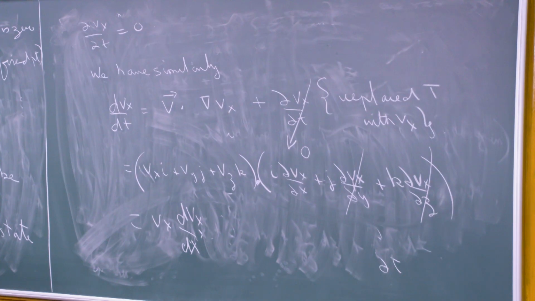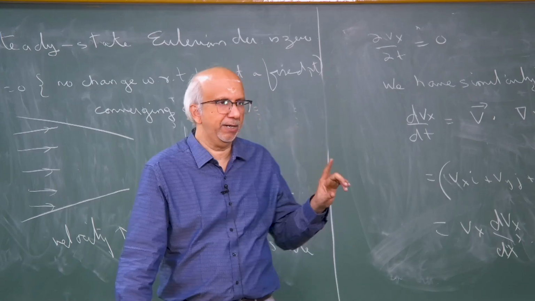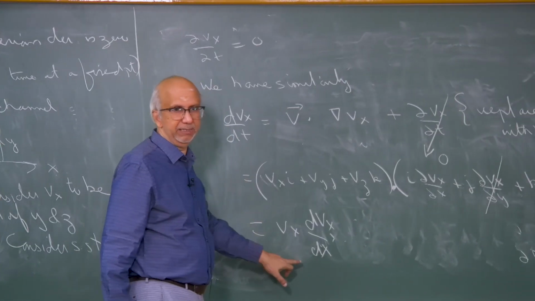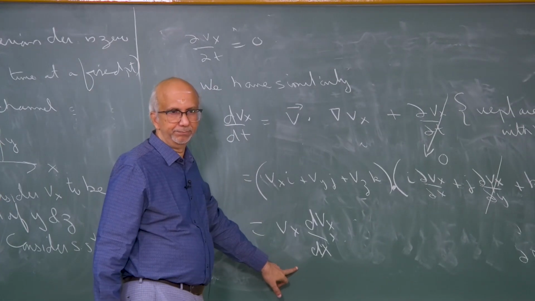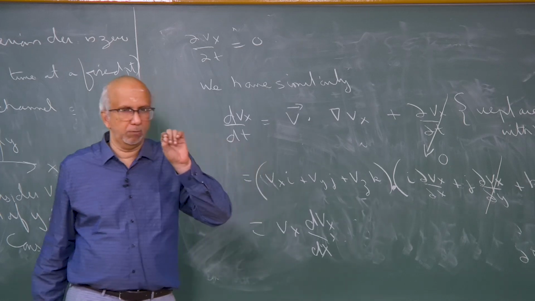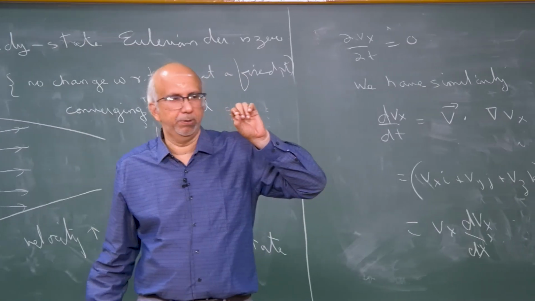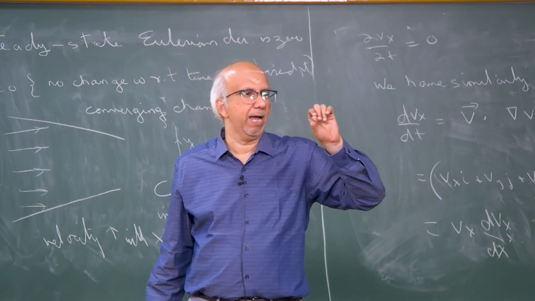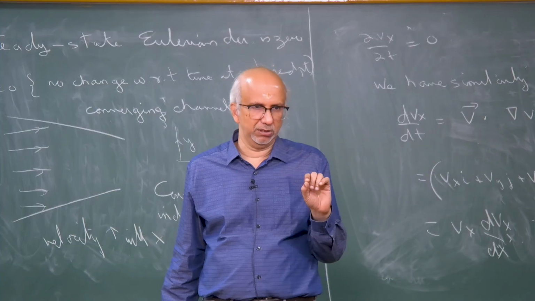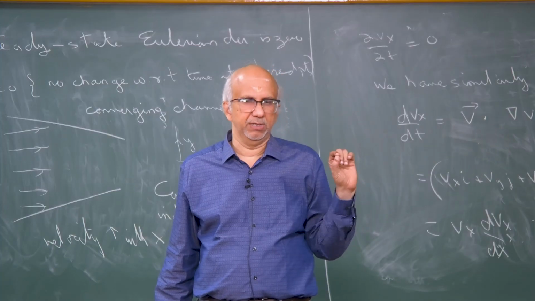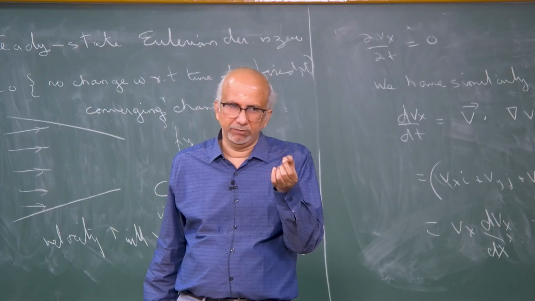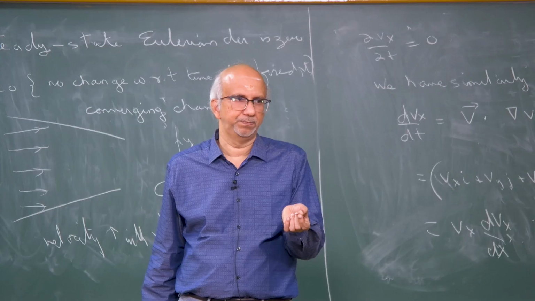So now the particle is accelerating, dVx by dt is accelerating. Okay. This is not 0 because the molecules in the pipe, they are at low velocity. As it goes to the constriction, the velocity increases. So as far as the molecule is concerned, the velocity has increased, but at each point if you were to make a measurement, the velocity will be constant. Okay.